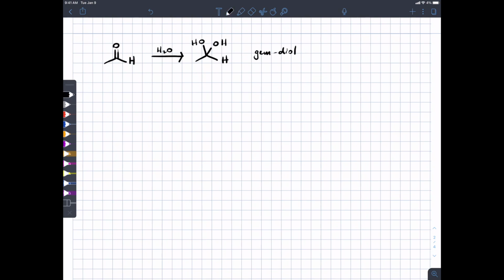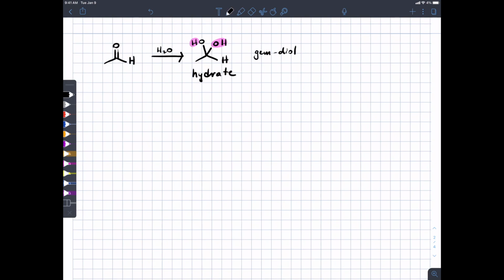Gem comes from the Greek word for twins, Gemini, twin alcohols. We also often use geminal as an adjective to say those OH groups are geminal to each other. But it's also called a hydrate because if you compare to the starting material, we've added a hydrogen and an OH group.